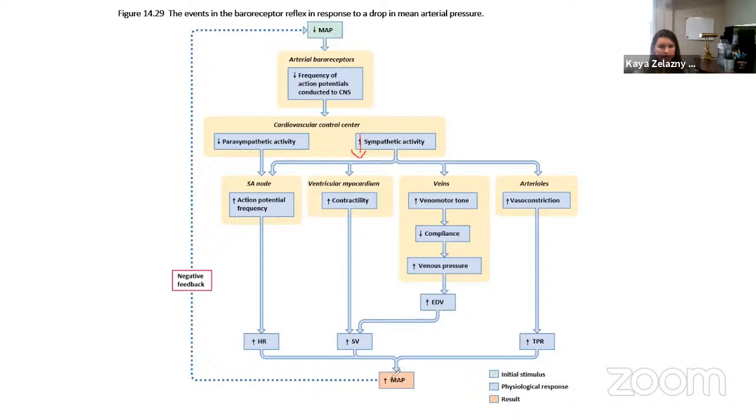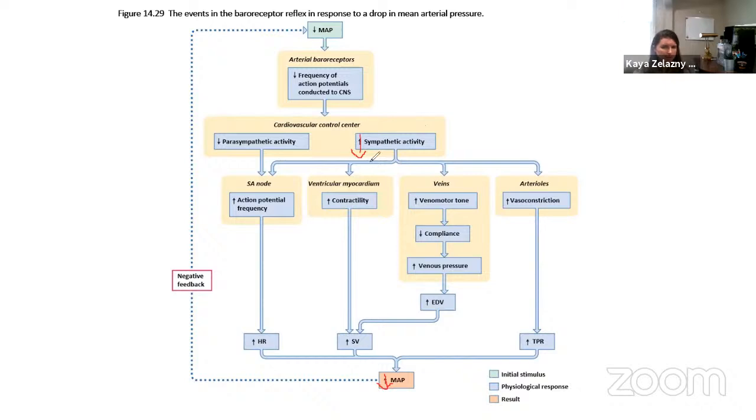Fundamentally, we're looking for what the effect on MAP is. At the bottom, you can see that when sympathetic activity went up, MAP went up. So immediately you could just skip all this business in the middle and say, well, it's going to go down, right? If I flipped one arrow, I'm going to flip all the other arrows. That would be a shortcut from just looking at this picture, but I do want us to understand why that is the case.